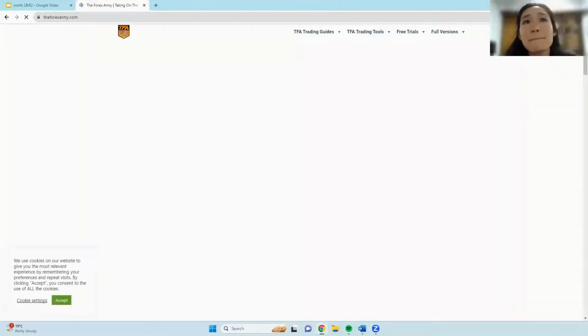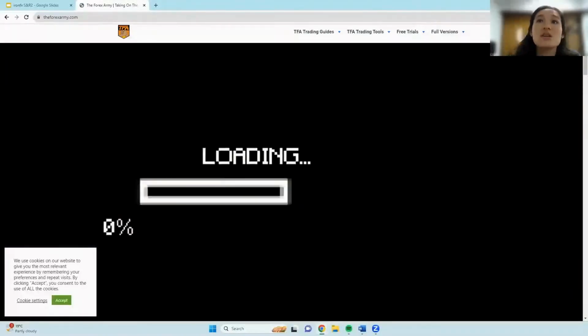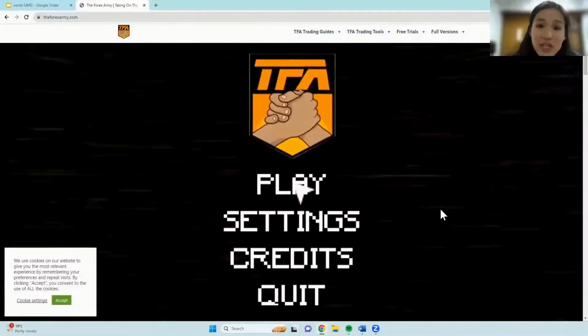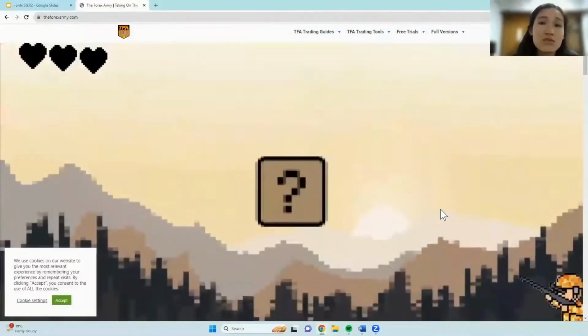So here you'll find some trading guides. We have guides on Fibonacci, support and resistance. We also have trading tools that you can download for free and just implement into your MT4.